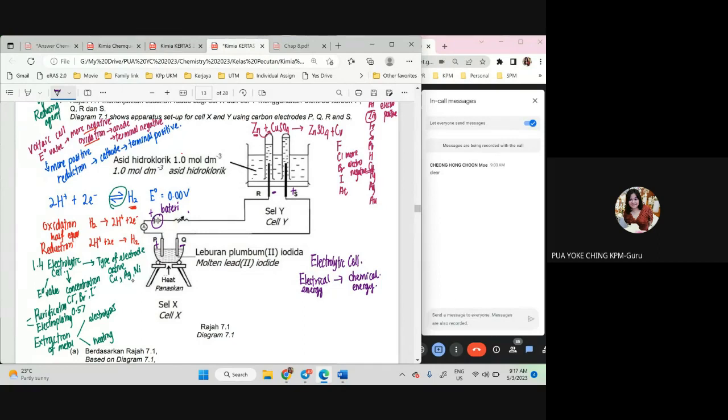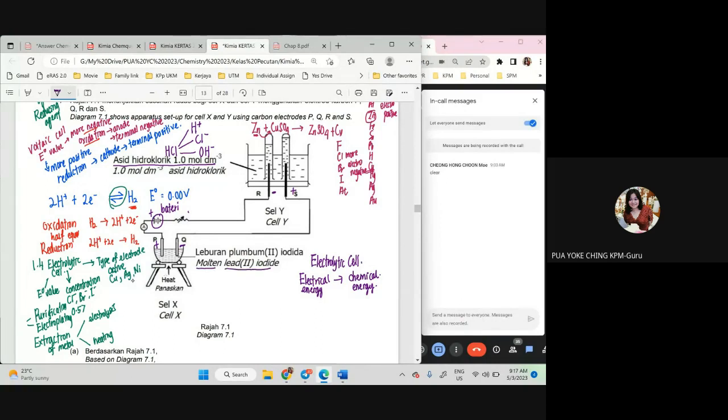Then look at the solution given. Hydrochloric acid 1 mol. So this is HCl. So in HCl, the ions present are H plus, Cl minus, OH minus. So these are its ions.